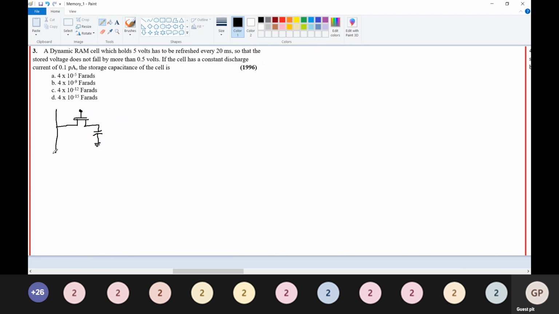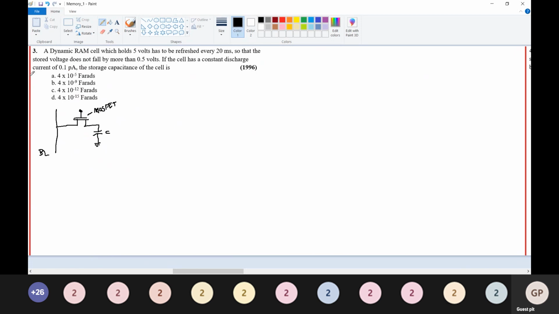And this is your bit line, this is your bit line DL. And this is your MOSFET, and this is your capacitor.